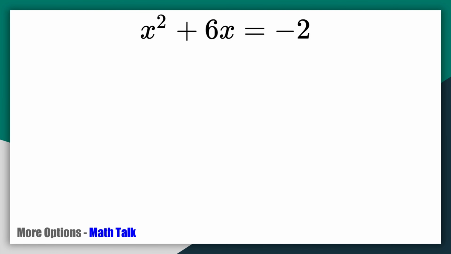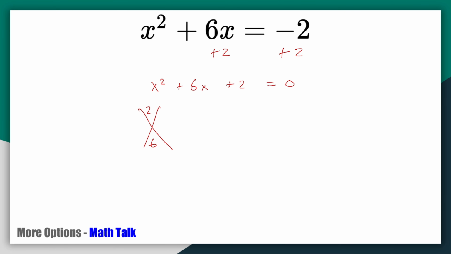So we have more options, a little bit of math talk here. When you get to this x squared plus 6x is equal to -2 situation, we could add 2 and get x squared plus 6x plus 2 is equal to 0. We do our x factor, we have 2 and 6.